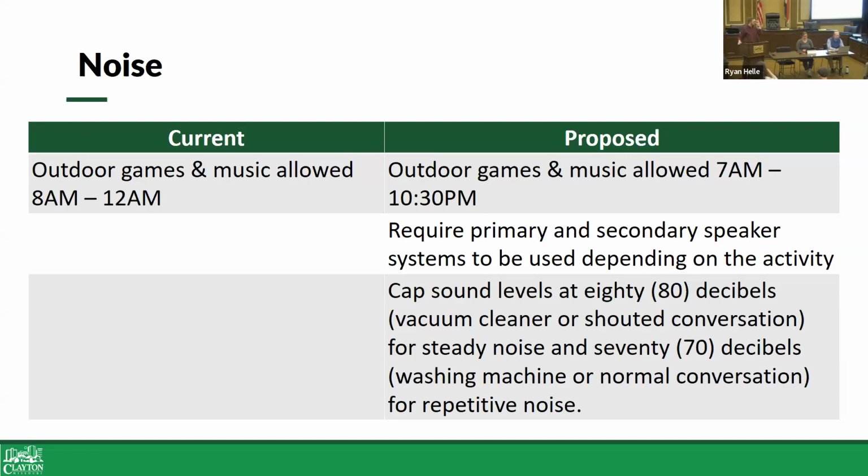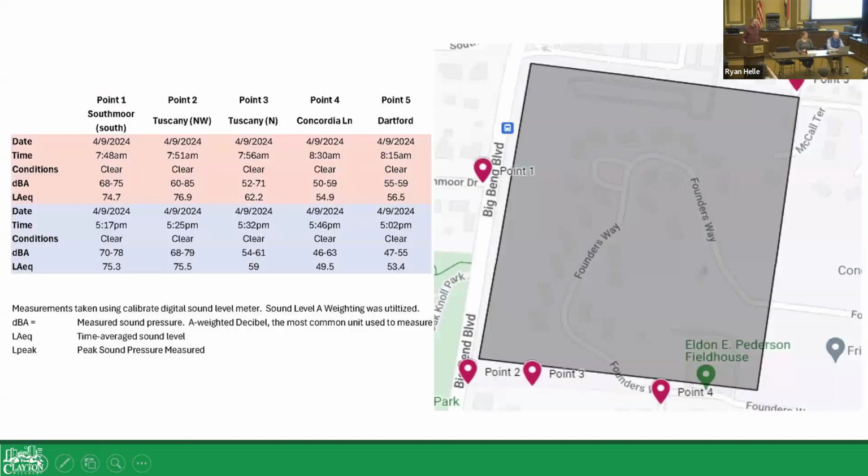So what we do is we cap the decibel level that would be emitted on the site. You can see here at the property line, 80 decibels would be the absolute cap on sound, and steady noise would be 70. We went out and measured the sound that currently exists all along the property. You can see that data up there.